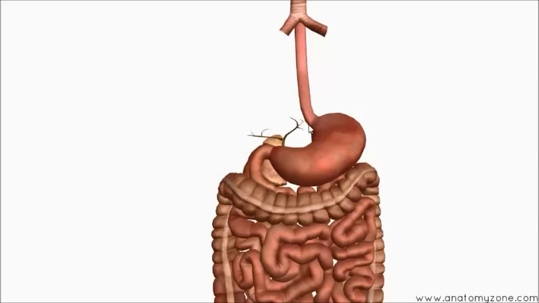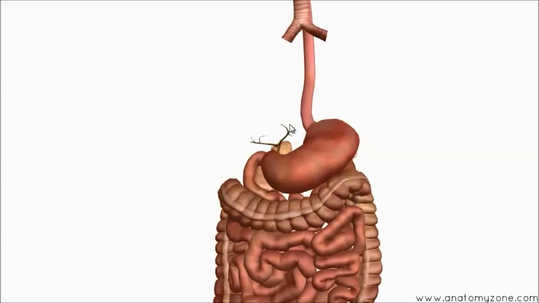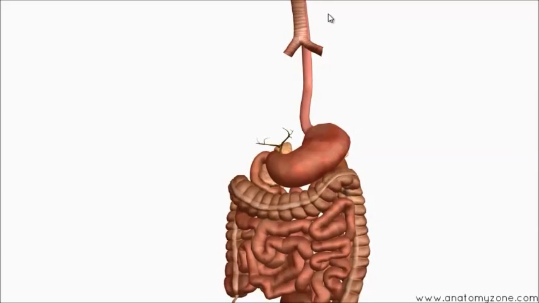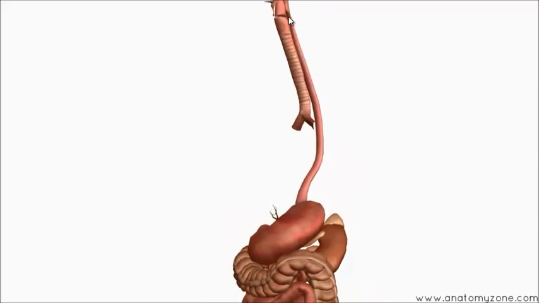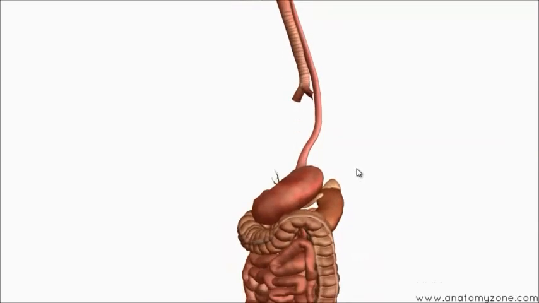So a sphincter relaxes to open and it contracts to close. So you've got the lower esophageal sphincter, or cardiac sphincter, at the junction between the esophagus and the stomach, and the sphincter is formed by circular muscle within the walls of the esophagus. And you've also got an upper esophageal sphincter at the other end of the esophagus.